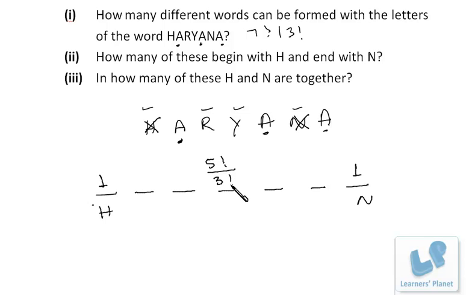So 5 factorial is 120, and 3 factorial is 6, so it's 20 ways. So 20 ways will be there when the words begin with H and end with N. So this is also clear. This is 20 ways.